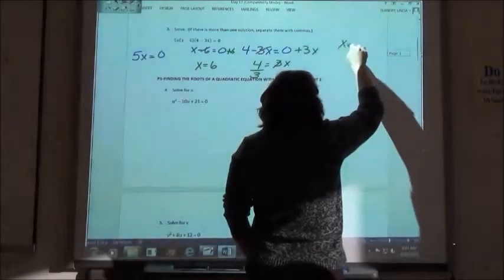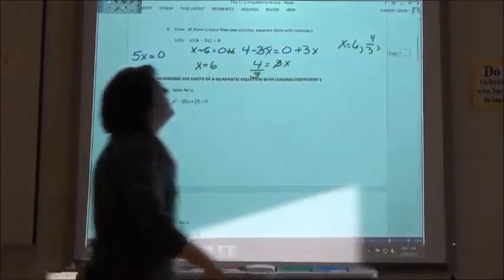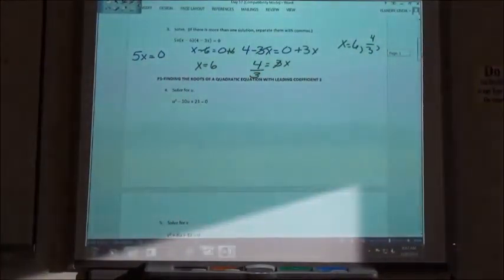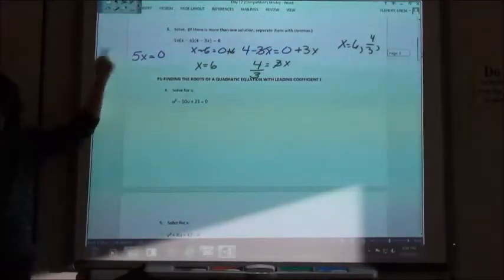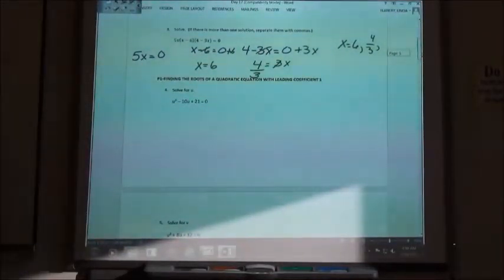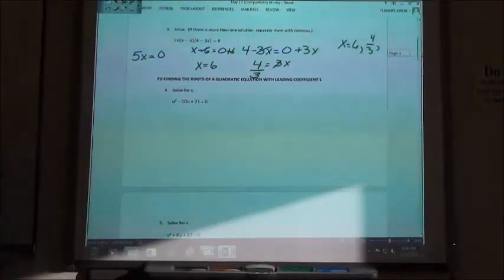So far we've got x equals 6, x equals 4 over 3, and now we've got that third one to do. What do we do to solve that one? It's not negative 5, because that's not 5 plus x. What do I do when the number's right in front of my variable? If I add 0, it's not going to change it. How do I move the 5, because I want to get the x by itself?